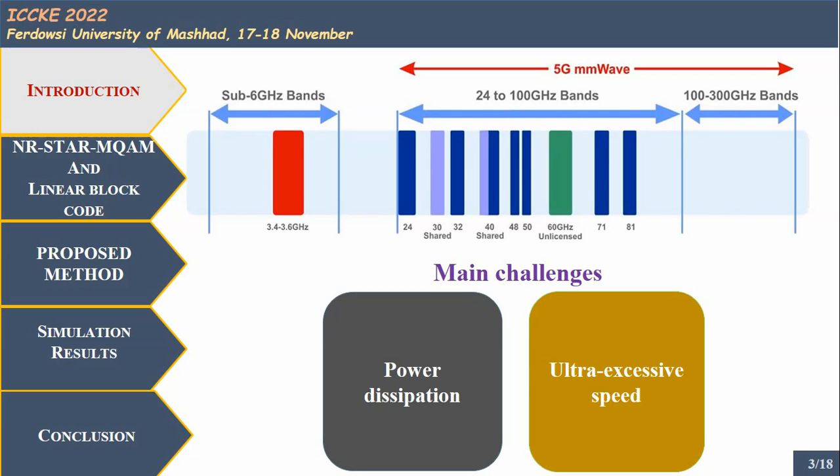Millimeter wave is the band of spectrum between 30 to 300 GHz. One of the main challenges in this area is the excessive speed and power dissipation arising from digital signal processing.